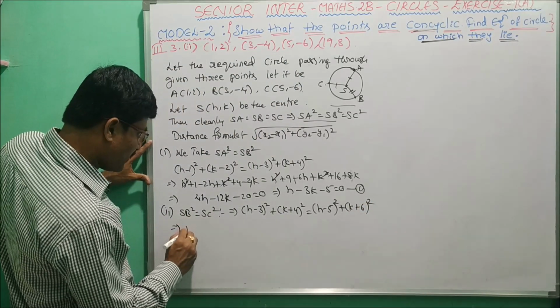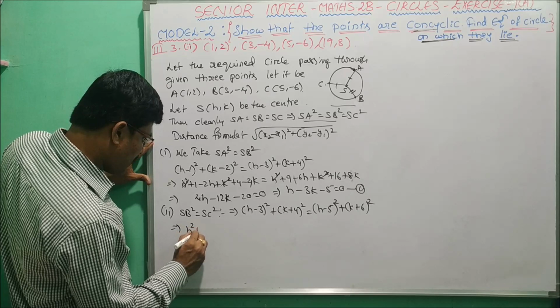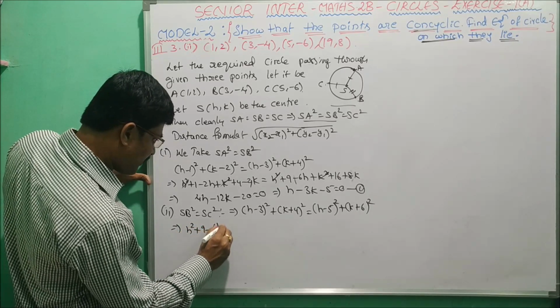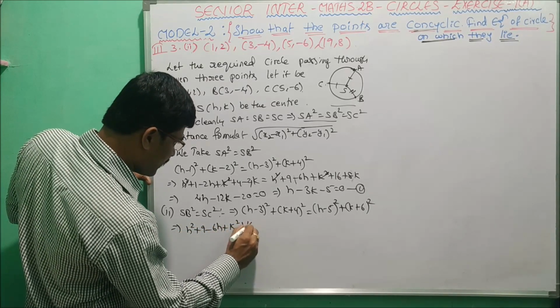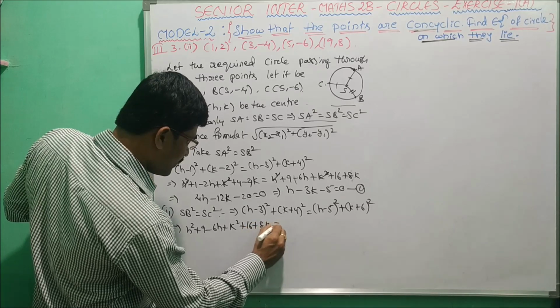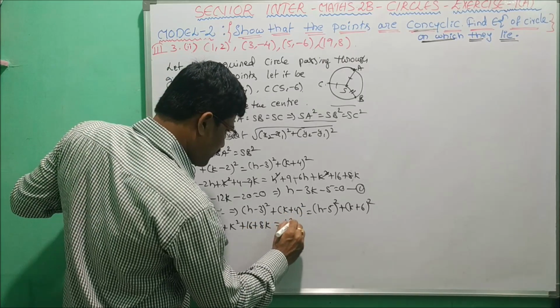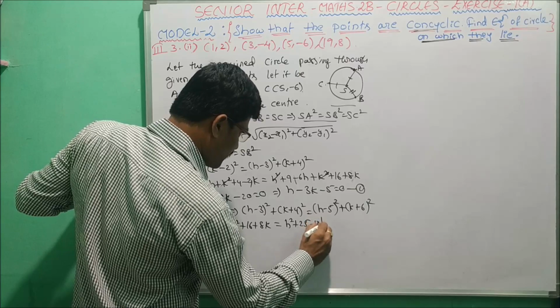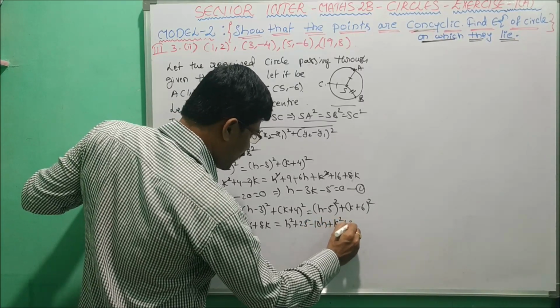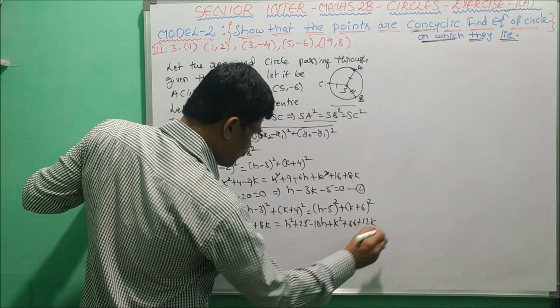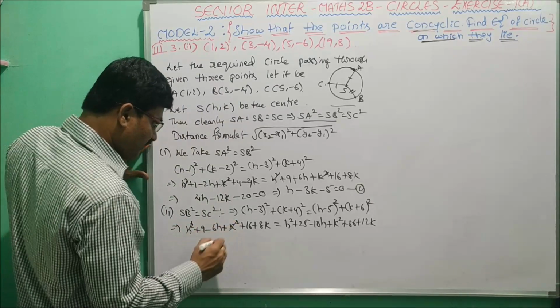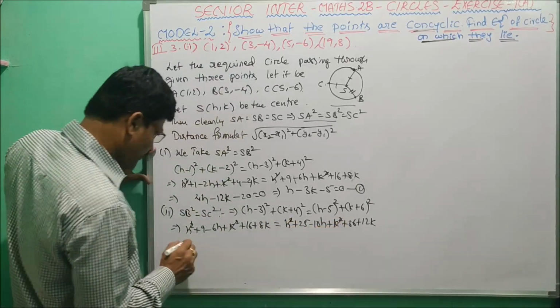Now it can be simplified: h square plus 9 minus 6h plus k square plus 16 plus 8k equals, on the right side, h square plus 25 minus 10h plus k square plus 36 plus 12k. Here h square and k square will be cancelled on both sides.